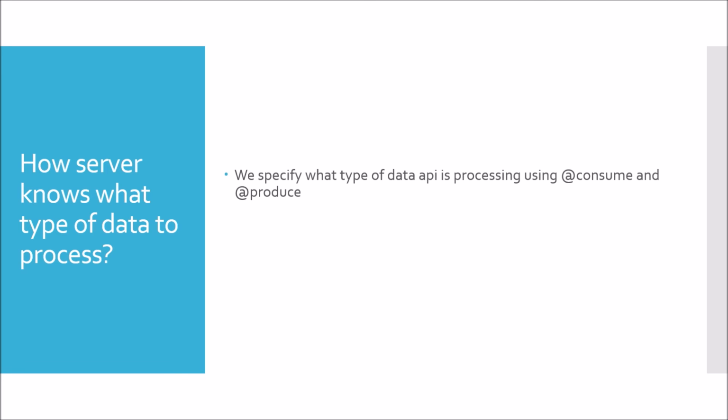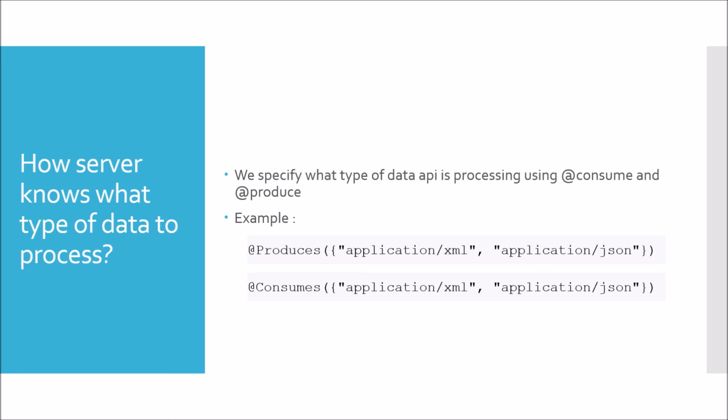For example, @Produces application/XML, application/JSON. So the web service can process either XML type data or JSON type data. Similarly, @Consumes means the web service can consume either XML related data or JSON type data.